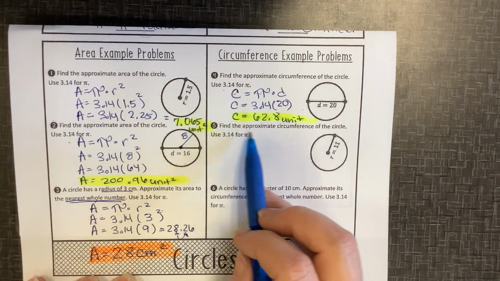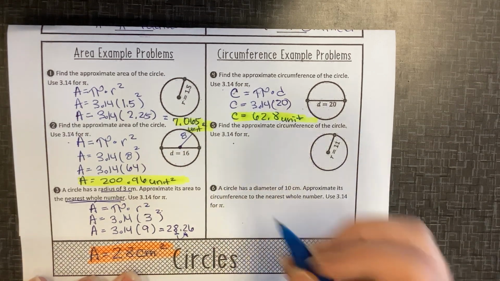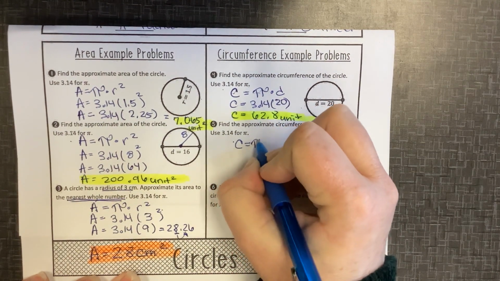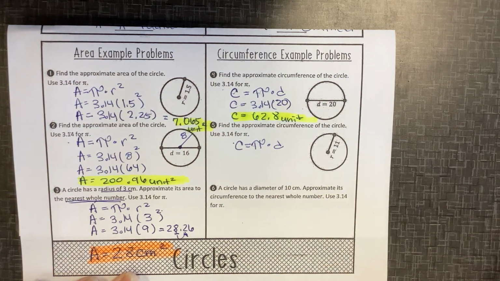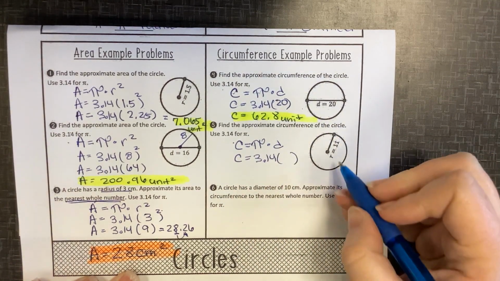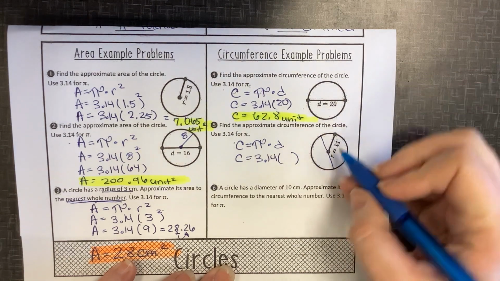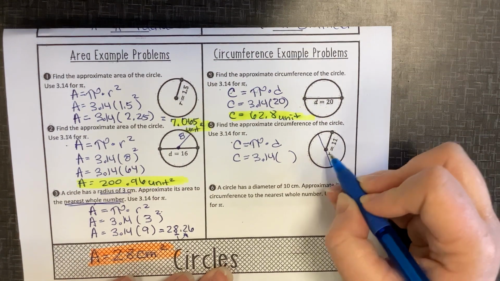On number 5, approximate the circumference of the circle, again using 3.14 as pi. So again, our formula. So 3.14 times our diameter. They did not give us our diameter. They only gave us a radius, so I need twice the radius to find the diameter.